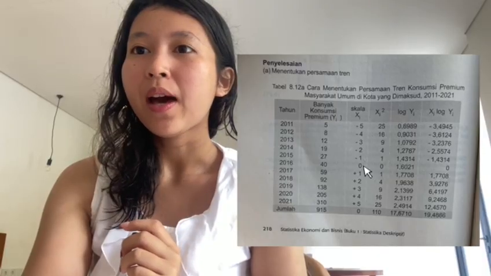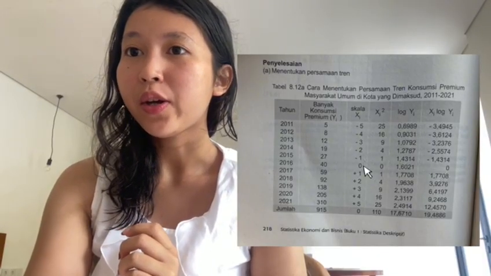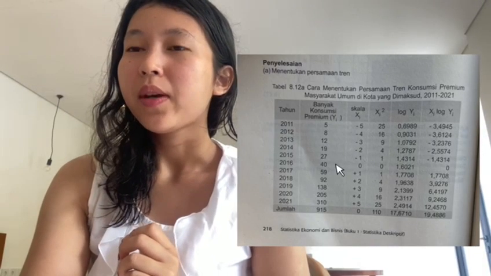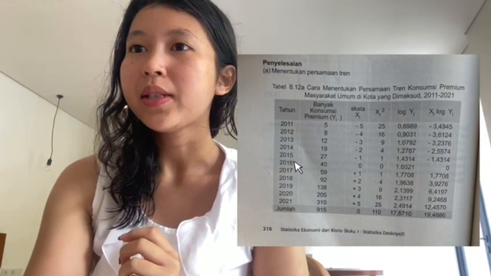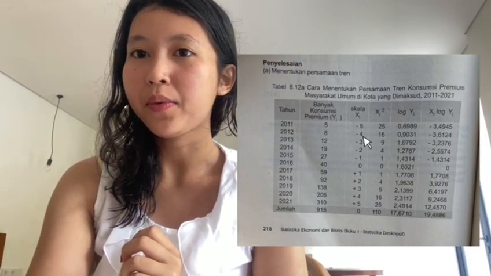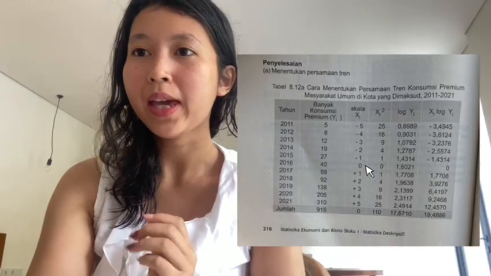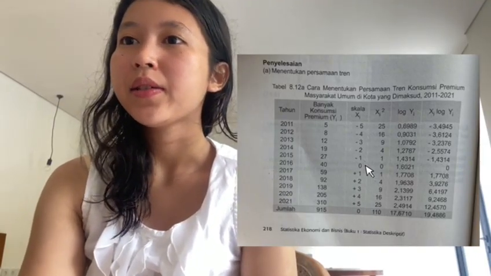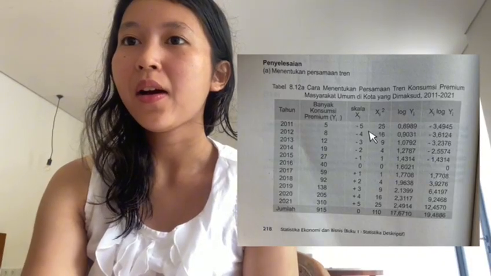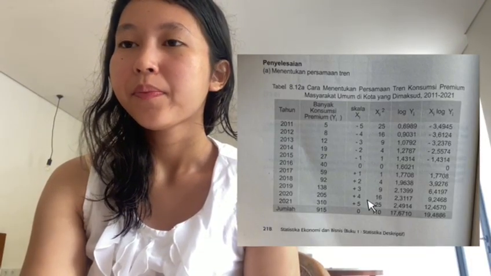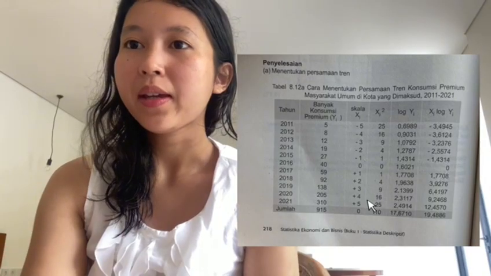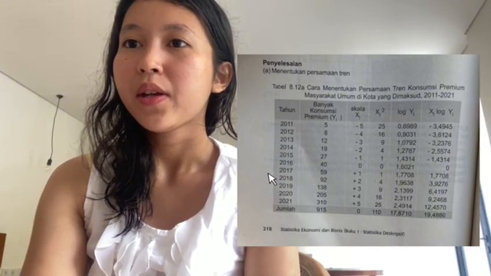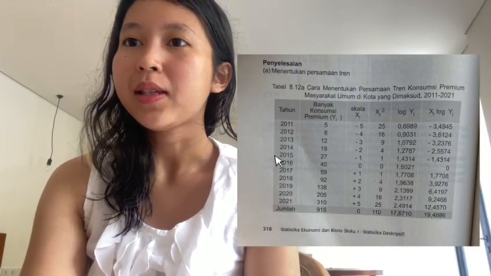So since the middle data is 2016, the scale of xi is 0. And for finding the scale of xi of the other data, we need to subtract every year by 2016.